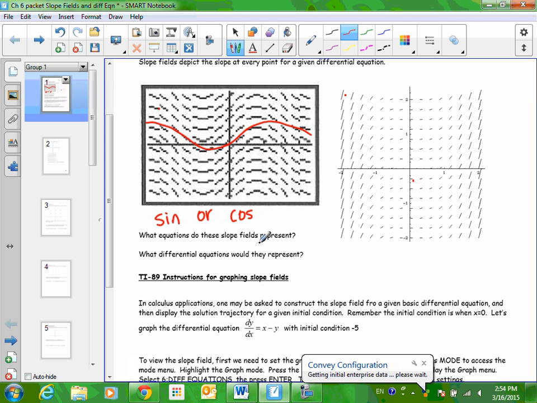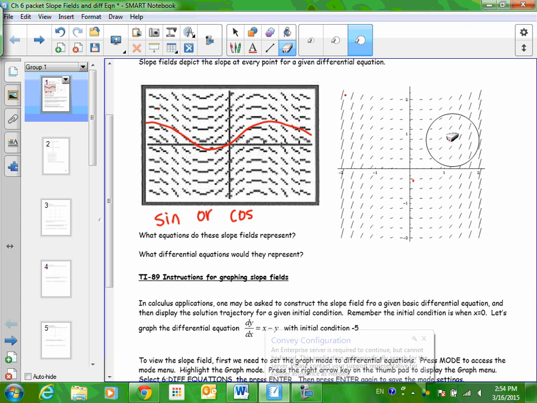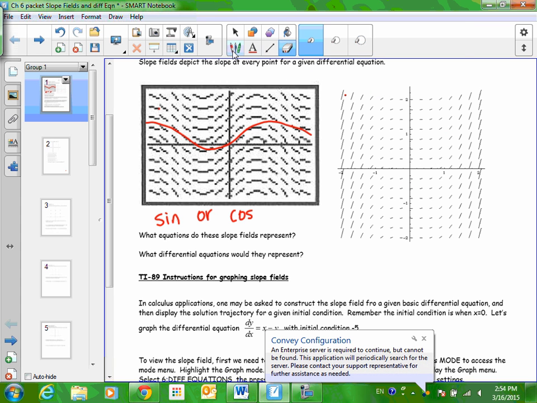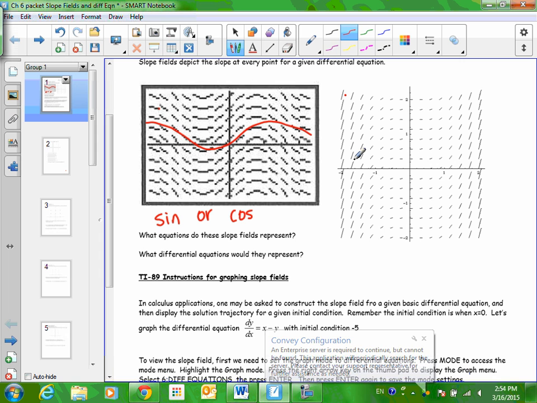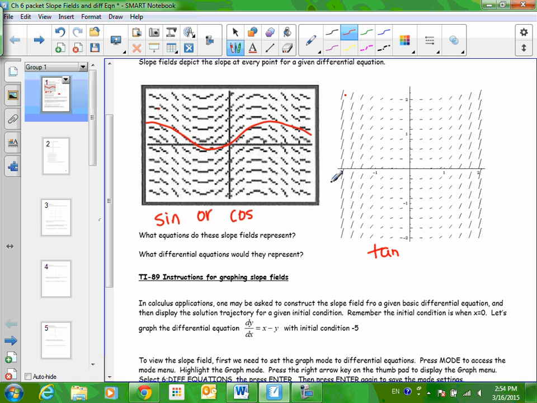All right, what about this one over here on the right? What parent function? It looks like it could be tangent. However, what does tangent have on the sides? Asymptotes. I don't see the asymptotes. That doesn't mean that if we went out further, they wouldn't be there.